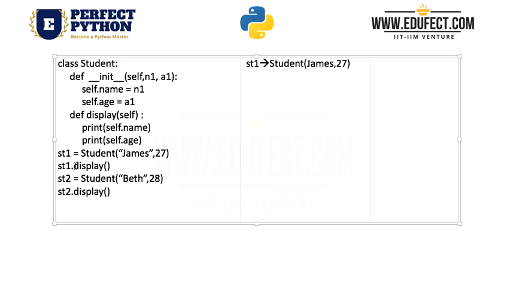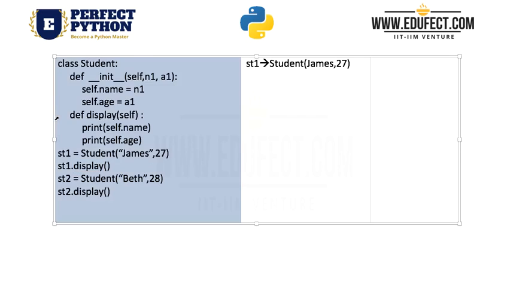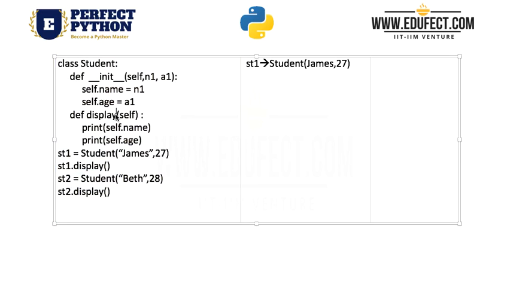So we are calling the method display for the object st1, which means we are calling this method here. Now what will happen? We have called it with the object st1, so it will say print self.name, which will print James, and print self.age will print 27.